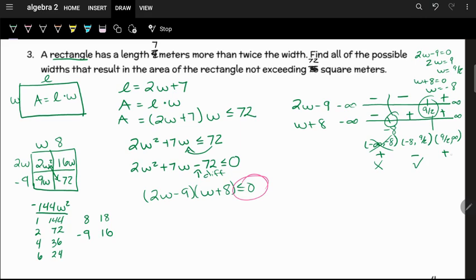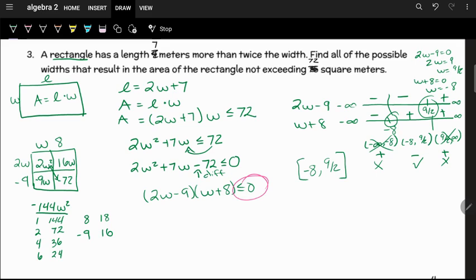Between 9 over 2 and infinity, we have a positive number that is not less than 0. It is not part of our solution. Okay? So our solution is going to be the interval from negative 8 to 9 over 2. And this is less than or equal to, so we would be including those boundaries.